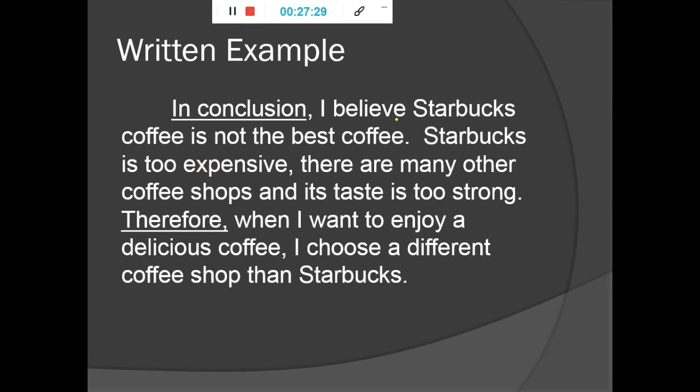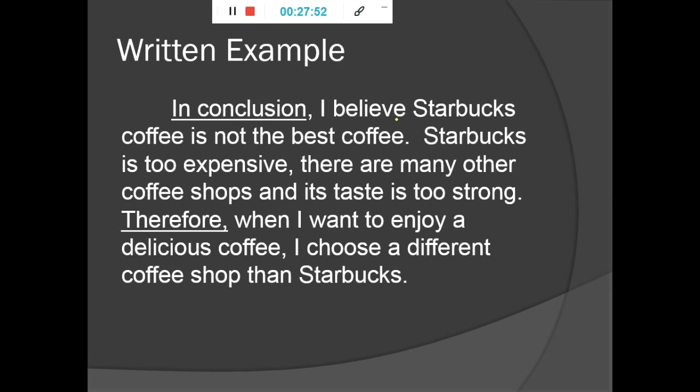And once more, let's check out that written example. And here it goes. In conclusion, I believe Starbucks coffee is not the best coffee. Starbucks is too expensive. There are many other coffee shops, and its taste is too strong.